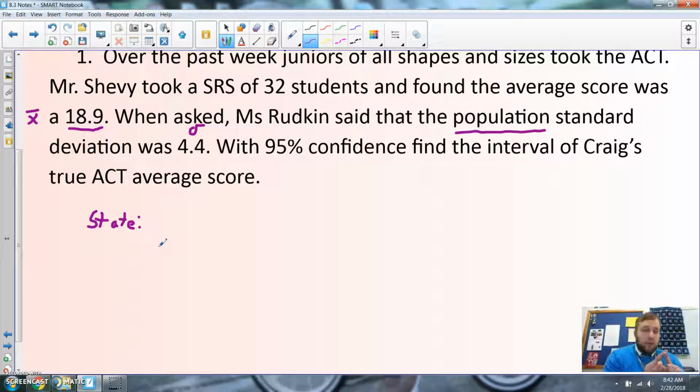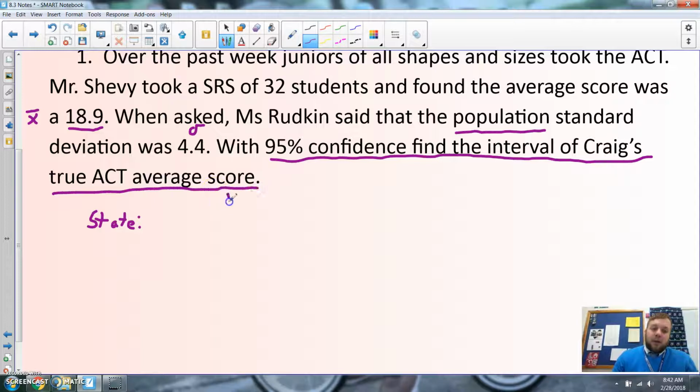You can write it down if you want to, but I would say I will perform a one sample mean z interval to find, with 95% confidence, the interval of Craig's true ACT average score. Basically, you're repeating this sucker down here. All right, that would be my state.